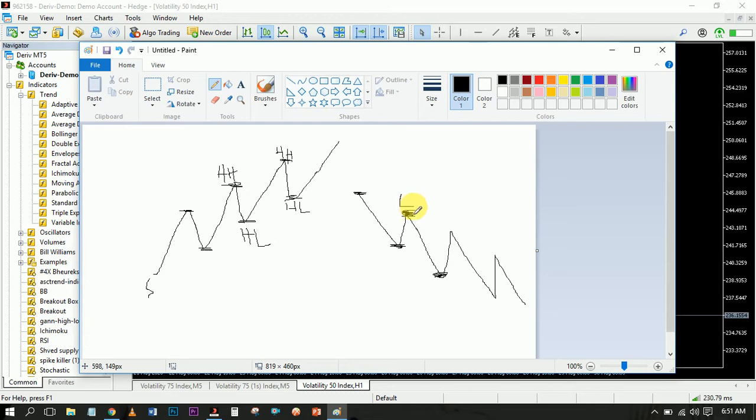Then here you have a lower high, that is, this high is lower than this high. Then here you have your lower low. Then the same thing here, you have your lower high, then here you have your lower low.